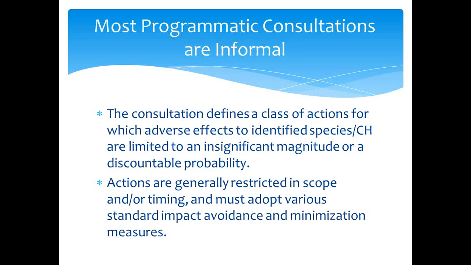And those Corps of Engineers keys: if the project is not located in such and such, the project will implement these BMPs. If yes to all the above, not likely to adversely affect. That's an informal consultation, where we have agreed that projects meeting these criteria warrant that determination, and we provide advanced concurrence with it.